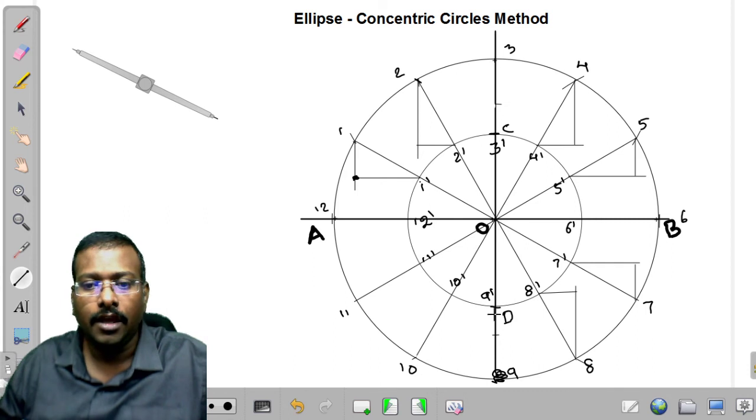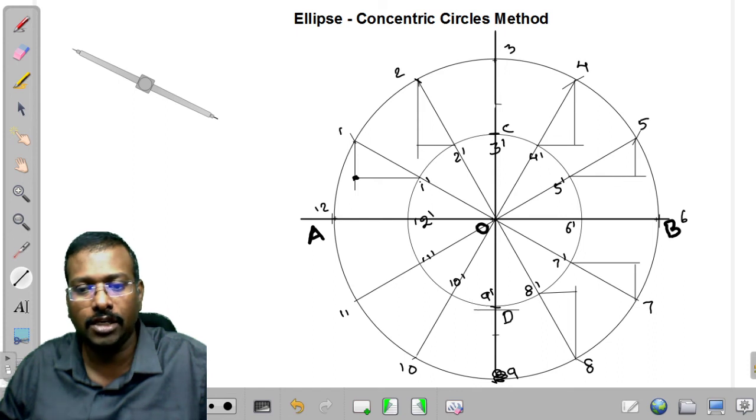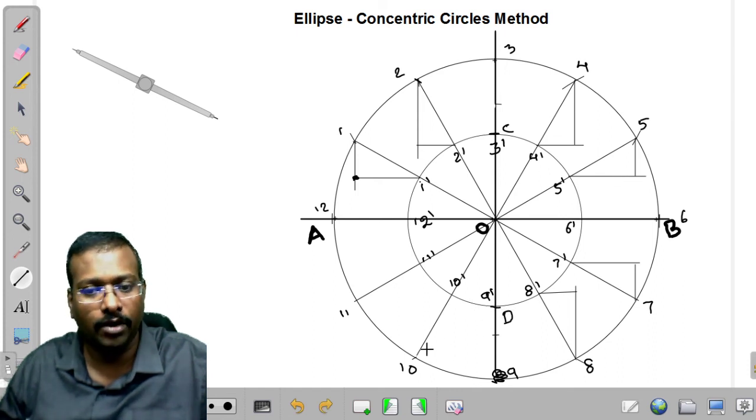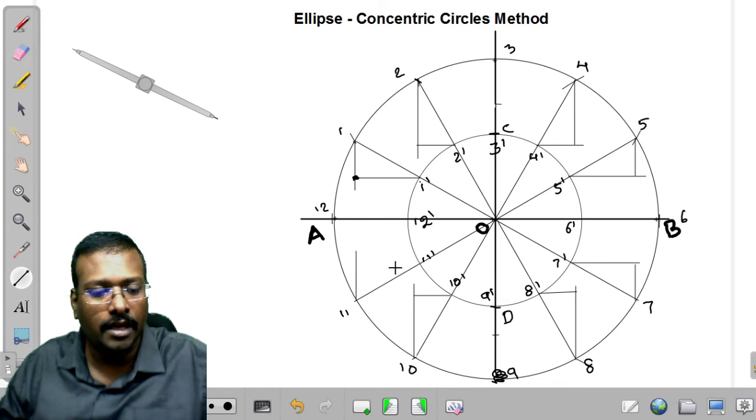And 9 you have to draw vertical. Sorry, at 9 we have to draw vertical, 9 dash it is horizontal, it is going to meet at D only. At 10 it should be vertical, and at 10 dash it should be horizontal. At 11 it should be vertical, and 11 dash it should be horizontal.